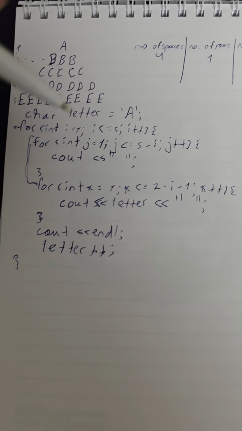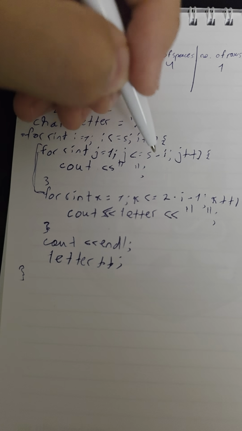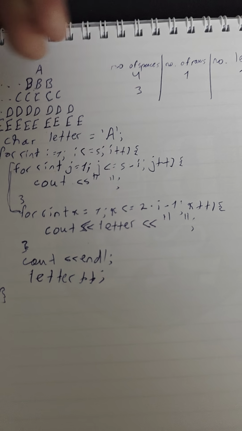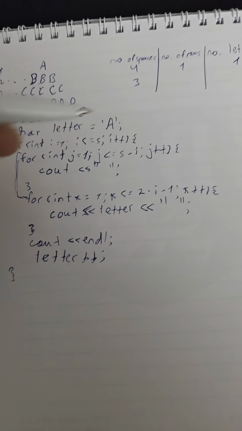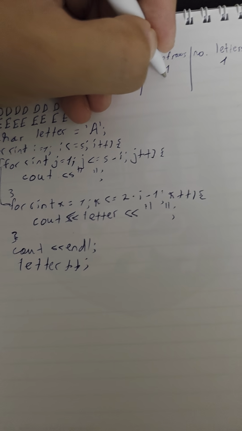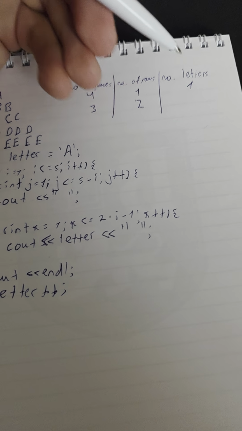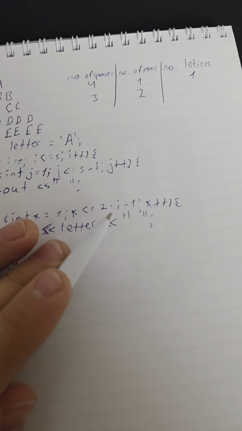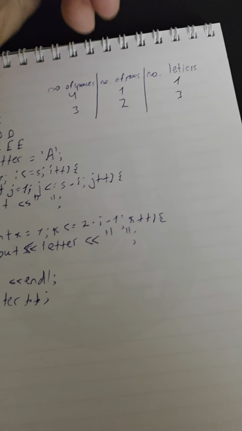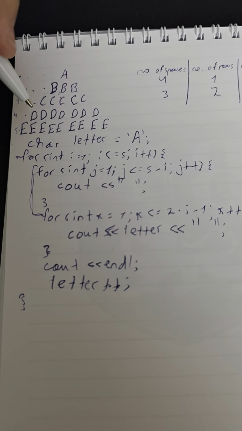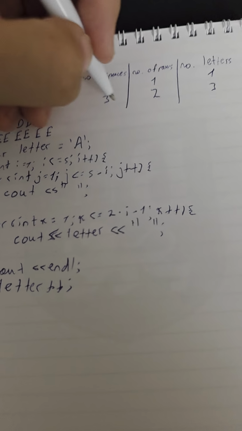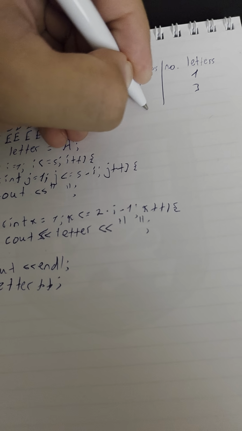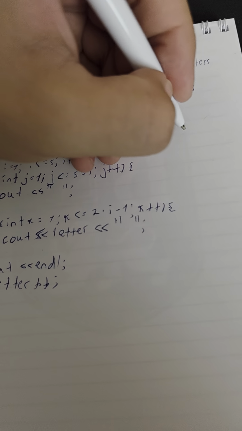When the number of spaces decreases to 3, the number of rows will be 2, so letter plus plus, and the number of letters will be 2 times 2 minus 1 equals 3, and then the number of spaces will be 2. So the number of rows will increase, and the number of letters here will be 5.